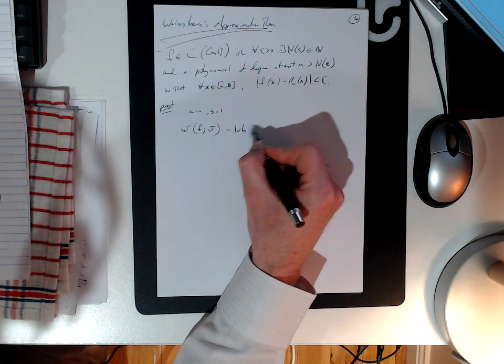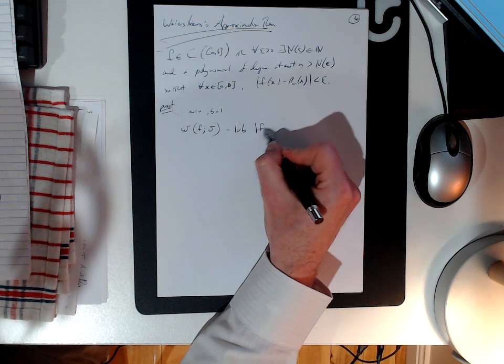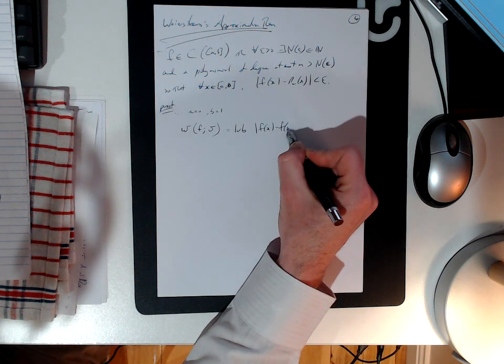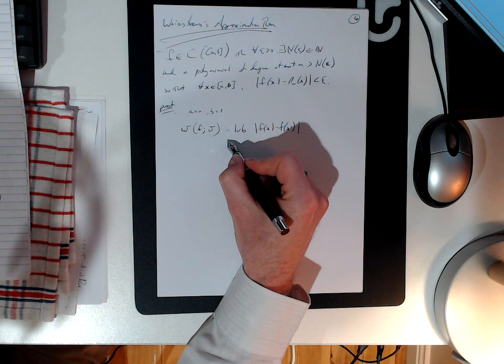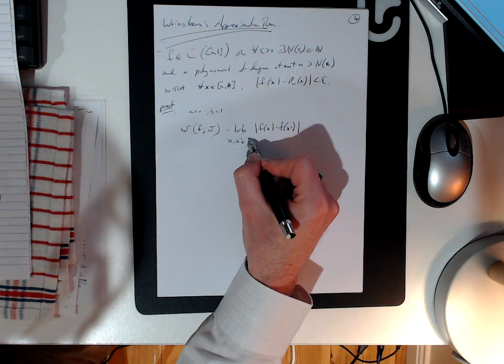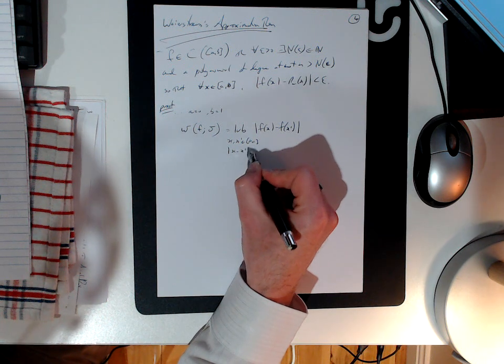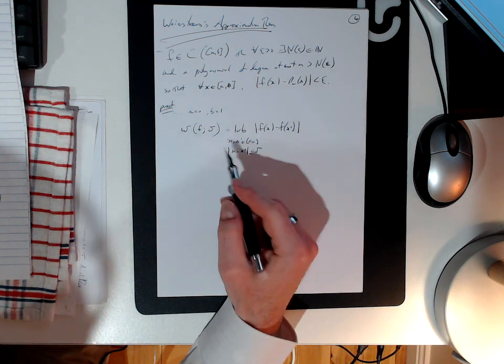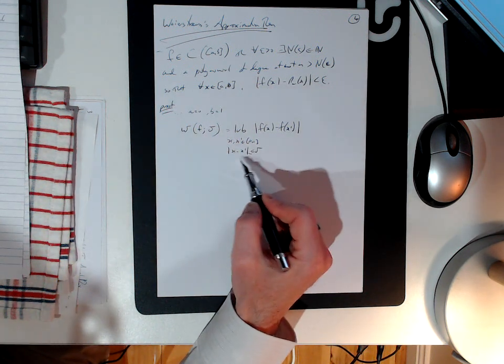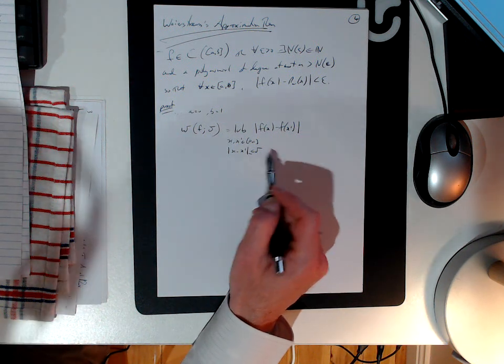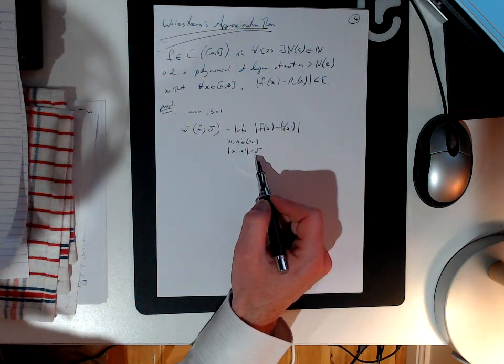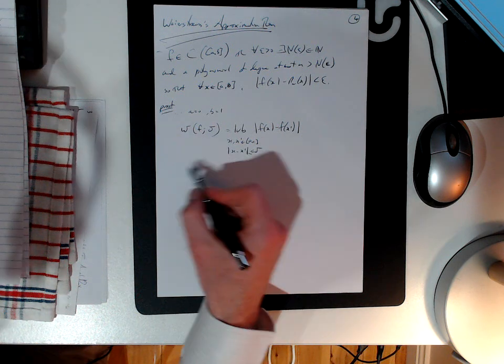This is the least upper bound of the difference |f(x) - f(xi)|, where x and xi are inside the interval I'm considering, and importantly, their difference is less than delta. So this is somehow the modulus of continuity, where I measure between points that are less than or equal to delta distance from each other.